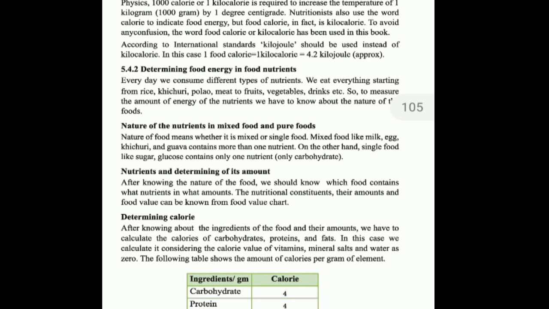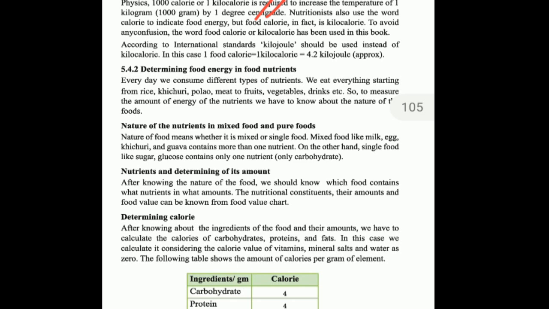According to physics, 1000 calories or 1 kilocalorie is required to increase the temperature of 1 kilogram of water by 1 degree centigrade. So this is the definition of kilocalorie.